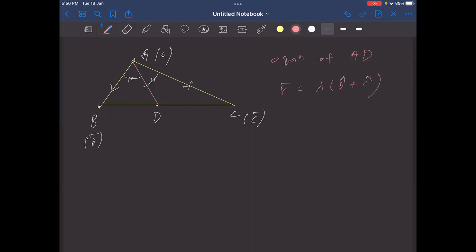I have written the equation of line AD correctly. And what will be the equation of BC? The equation of BC will be R equal to C plus lambda times C minus B. Correct? Are both lines' equations clear?